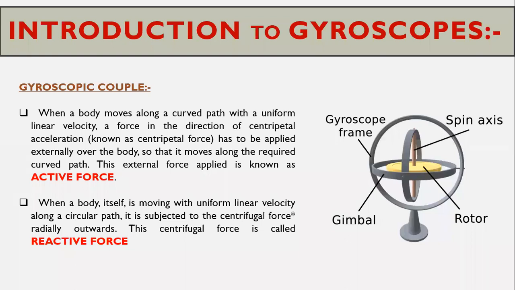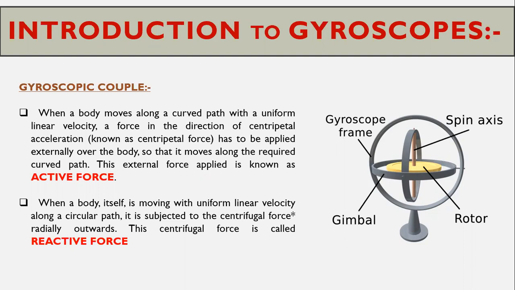So this is based upon the two forces, that is active force and reactive force. When we combine these two forces, active force as well as reactive force, it is called a gyroscopic couple. So the couple of forces acting on the gyroscope is known as the gyroscopic couple.